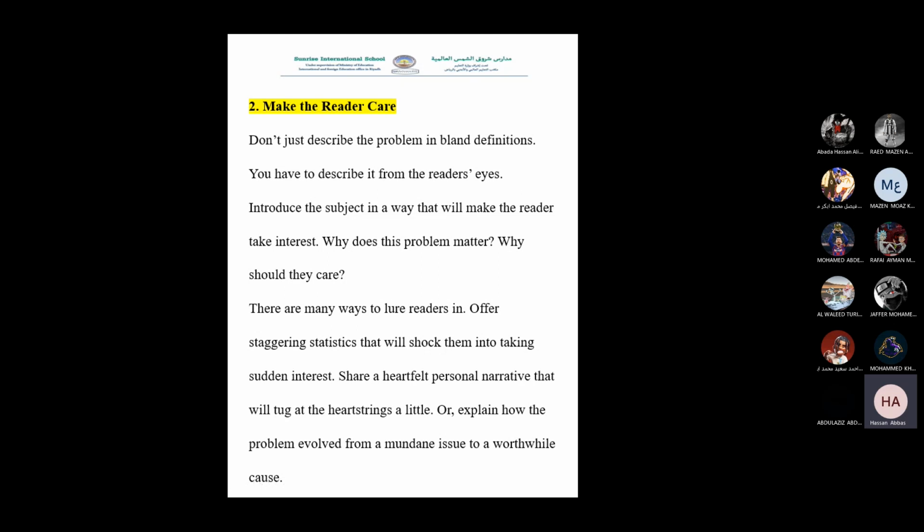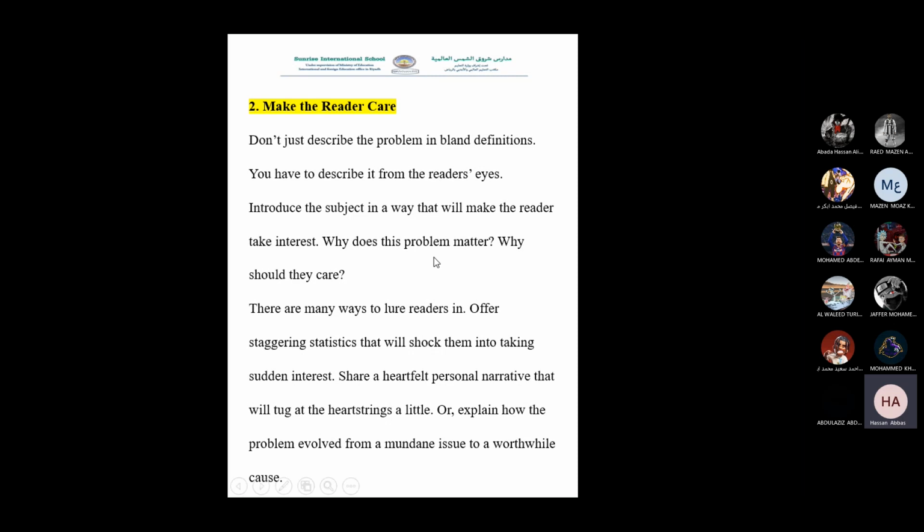How does the reader see this problem? Introduce the subject in a way that will make the reader take interest and agree with you.